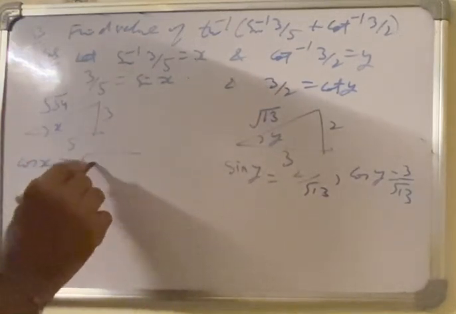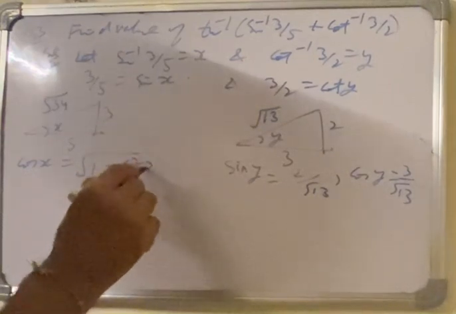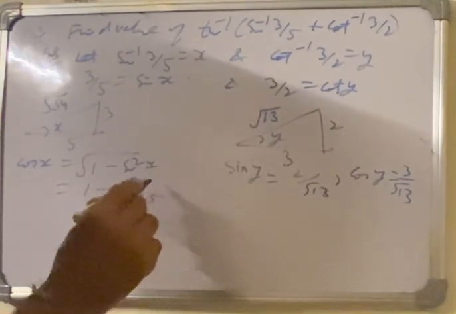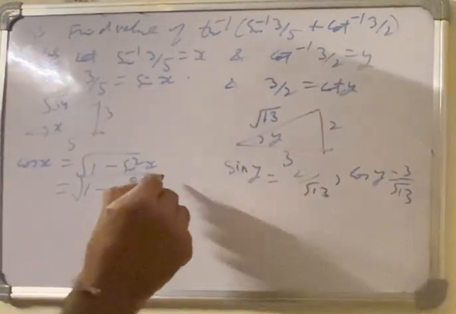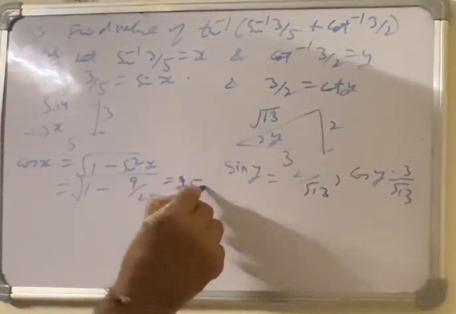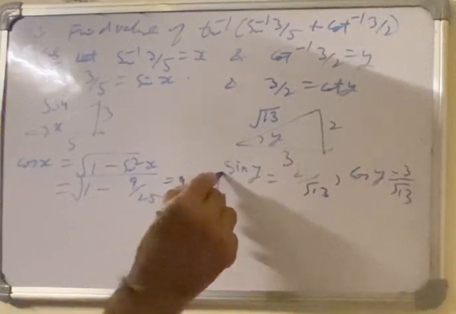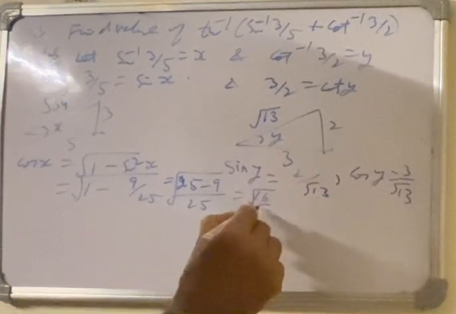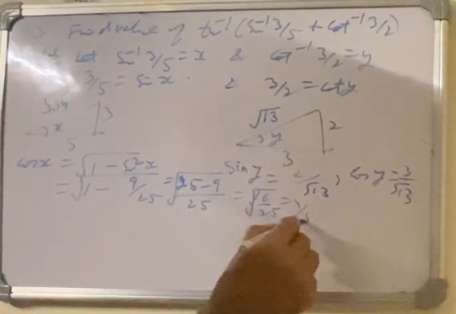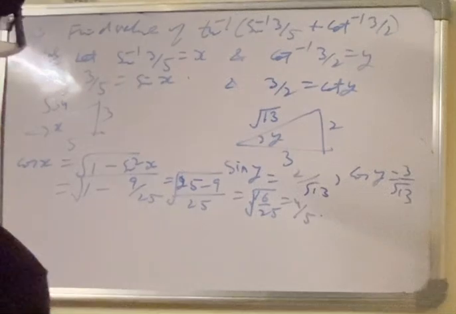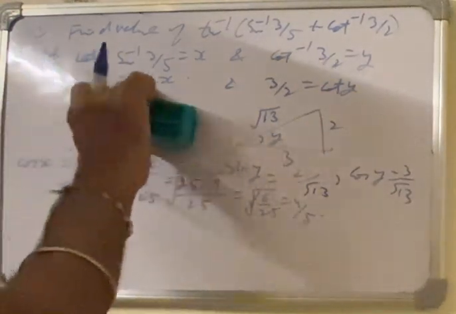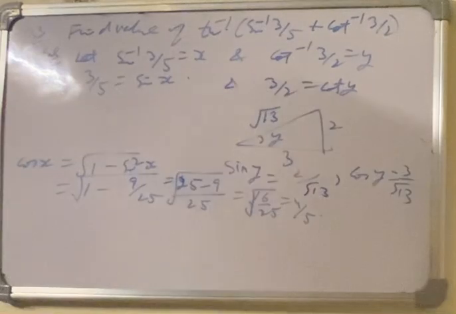Cos x is square root of 1 minus sin square x, which is square root of 1 minus 9 over 25, which is square root of 16 over 25, which is 4 over 5. We need not do it again because we have taken the sin x and cos x.